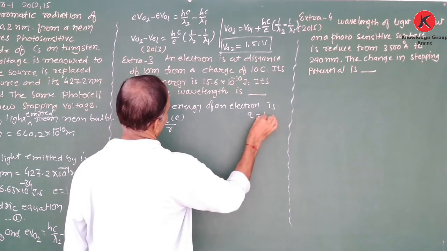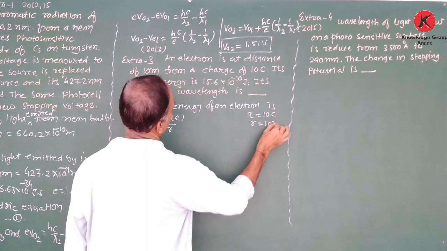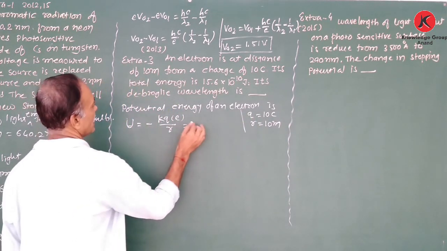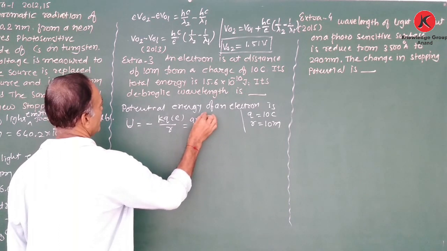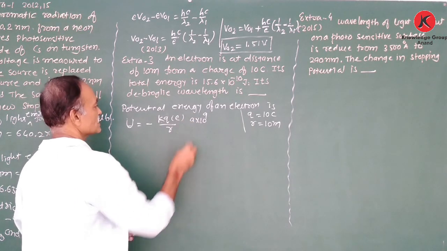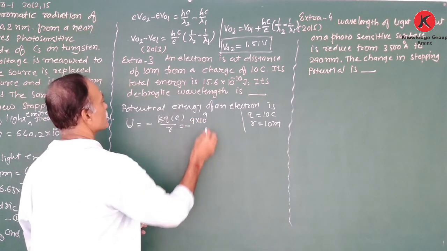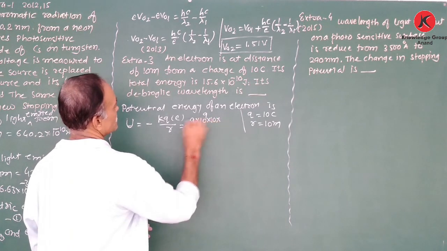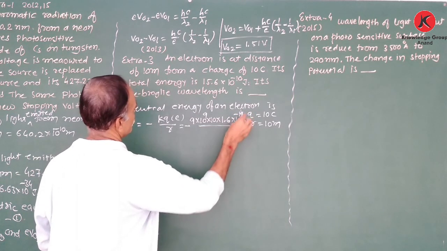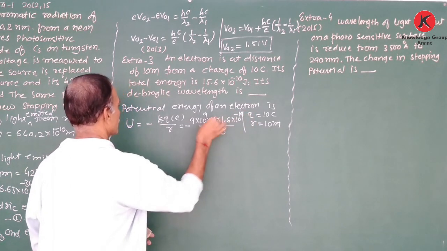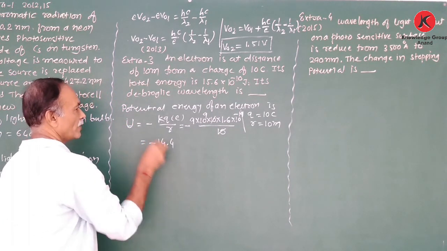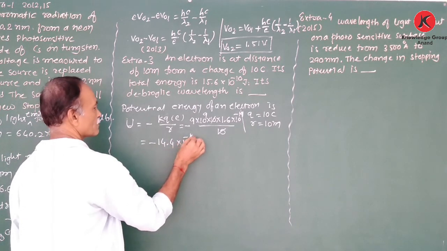Here Q is equal to 10 coulomb, r is equal to 10 meter. k is 9 into 10 is to 9, with a minus sign, because the potential energy is always negative. Charge 10 coulomb, charge of an electron 1.6 into 10 is to minus 19, upon 10. 10 cancels. Therefore, we obtain the potential energy as minus 14.4 into 10 is to minus 10 joule.